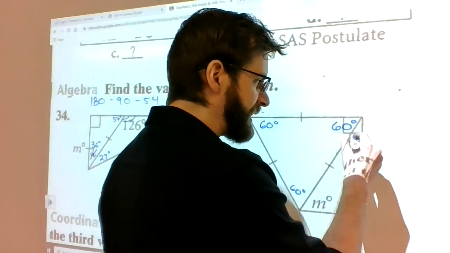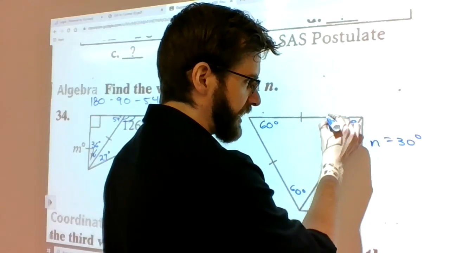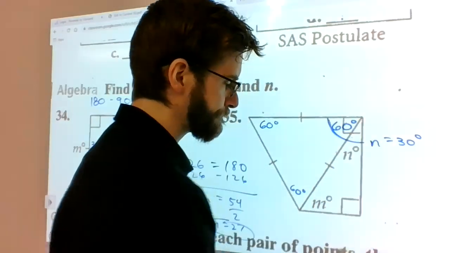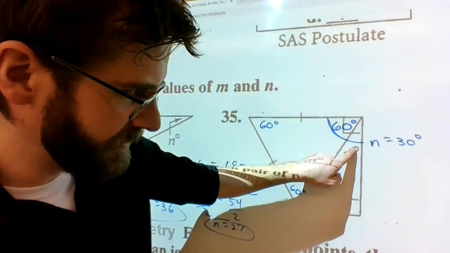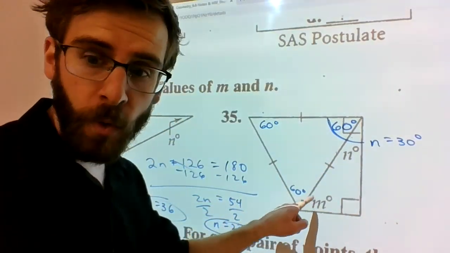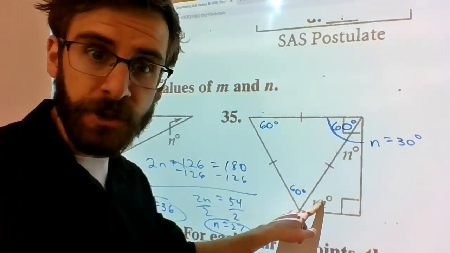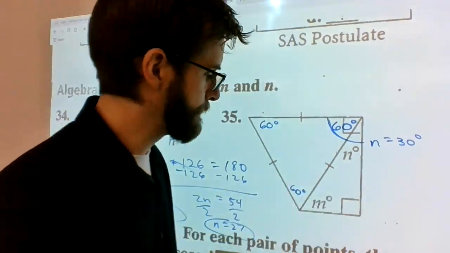So n is equal to 30 degrees right there, because that's the only way you're going to come up with 90 right here. And then if this is 30, then this one has to be 60 in order to keep the triangle sum. 60 plus 30 plus 90 is 180.